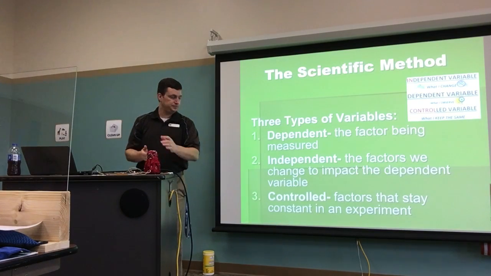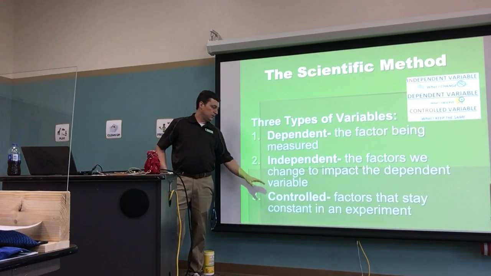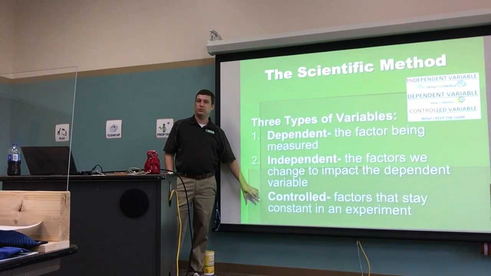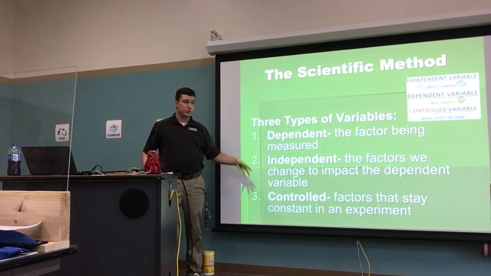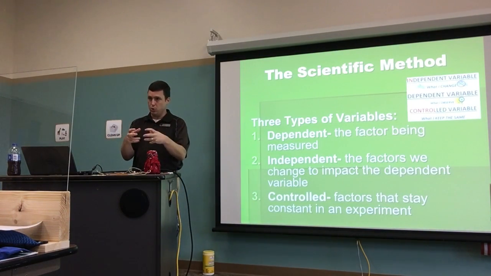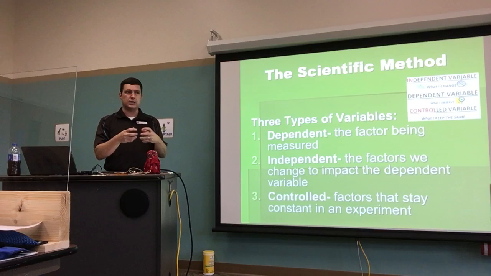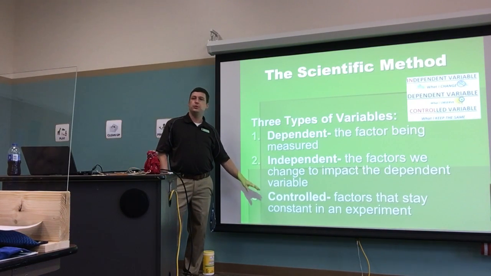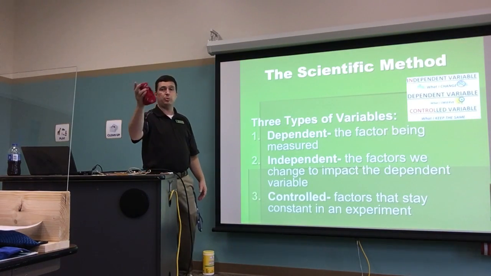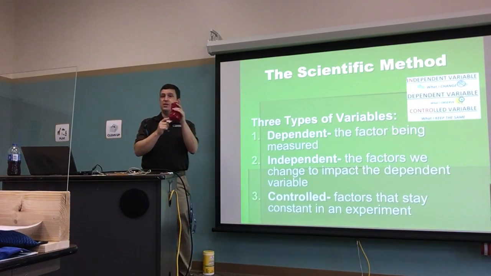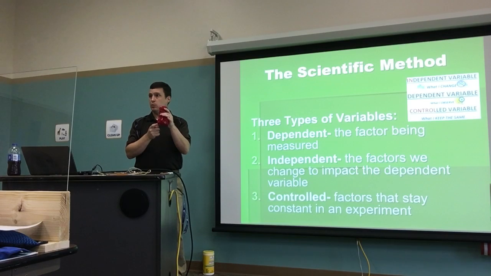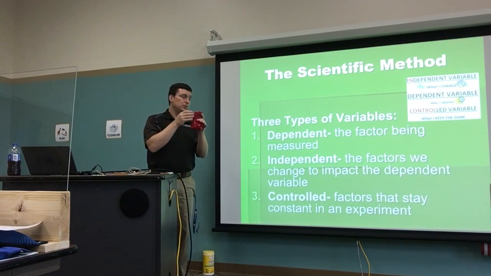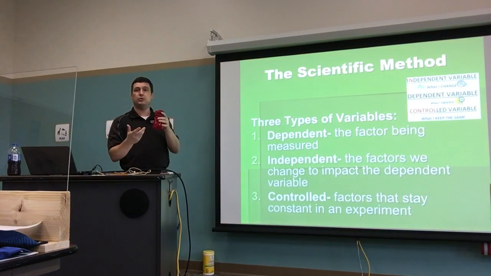And the last part, we have control variables. These variables always remain constant, control, no change. They're locked down. So controlled variables do not change in an experiment. So in our example of the genie in the bottle, this bottle never changed, did it? We didn't change the shape of the bottle. We didn't change anything about the bottle.